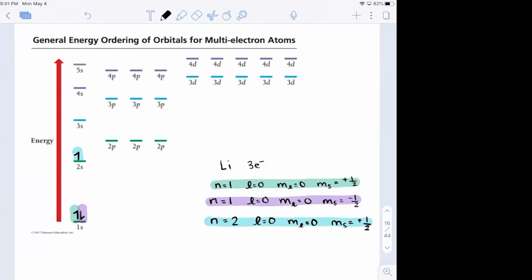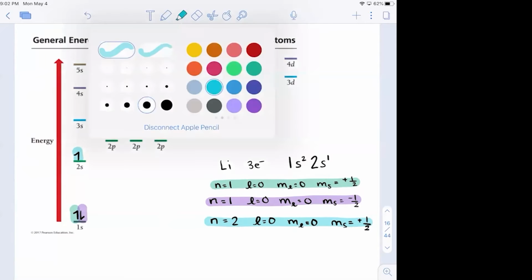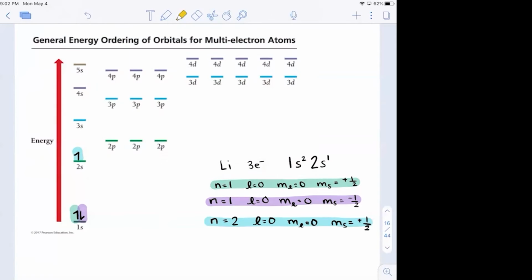That is how we would draw the orbital diagram and the quantum numbers for it. Now, electron configurations are our shorthand notation. We want to abbreviate. In the 1s orbital, there are 2 electrons. In the 2s orbital, there's 1 electron. That is the overall electron configuration.